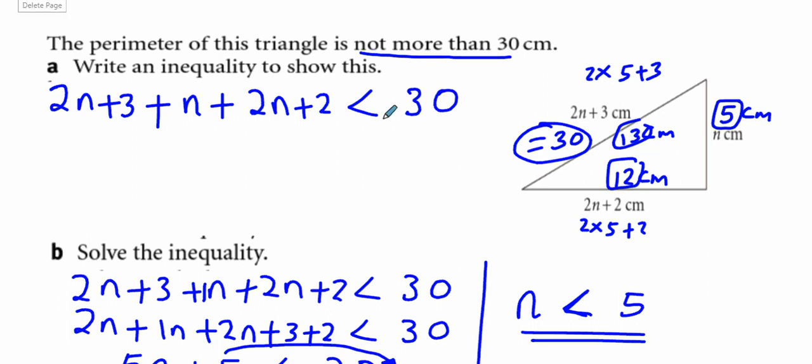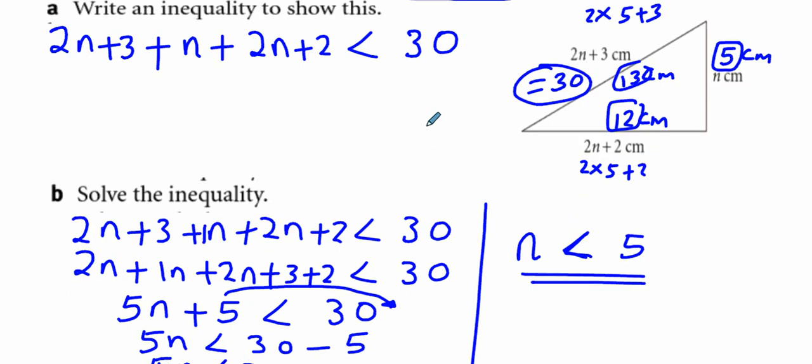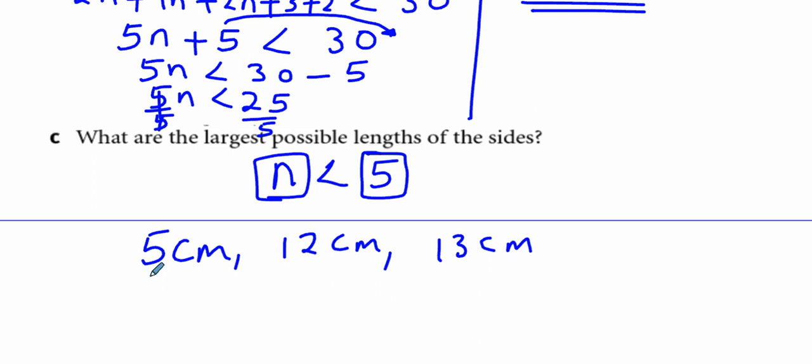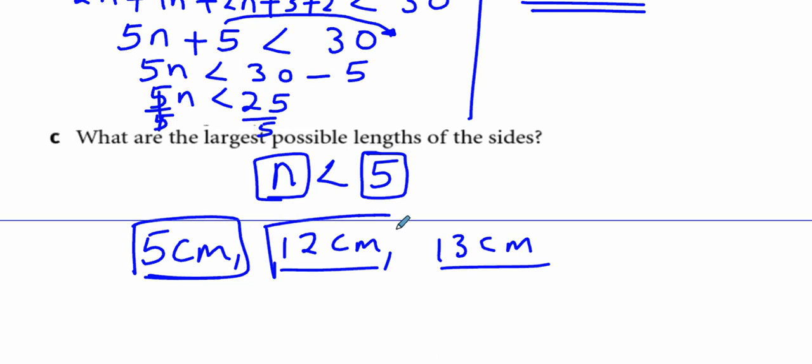Okay, let me check here. The largest possible will be 5 centimeters, 12 centimeters, and 13 centimeters. These are the largest possible, because when you add them, you are getting something which is not more than 30.